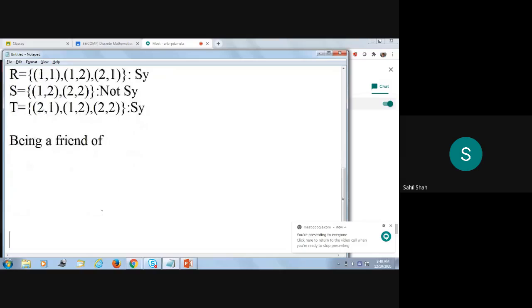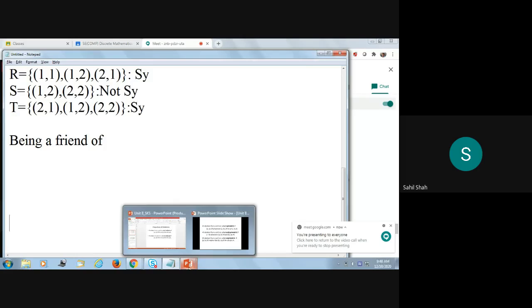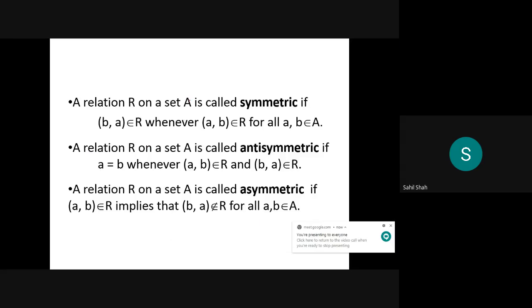Okay. How a diagram will be represented for this symmetric relation? So if I am having a node A, if I am having a node B, I am talking about diagram. So let us say this is node B. If I am having this arrow, I must have in the reverse arrow.